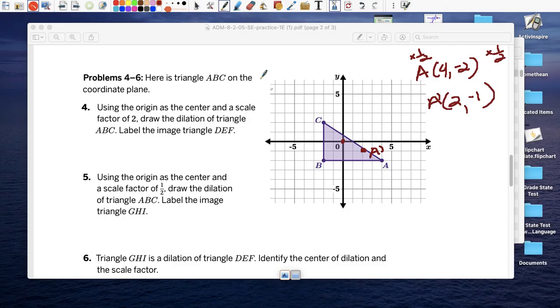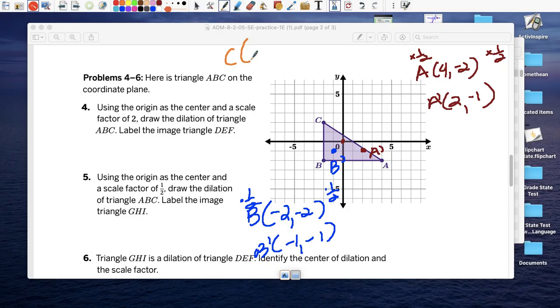There's A prime. B. Point B again was -2, 2 to the left and 2 down. So if we cut that in half, if you multiply those 2 points times a half, B prime is going to be -1, comma, -1. Right here.